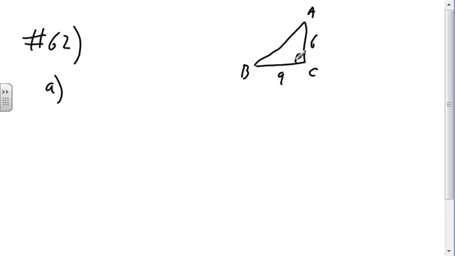Square root of 9 squared plus 6 squared. We'll go with that. 3 times the square root of 13.